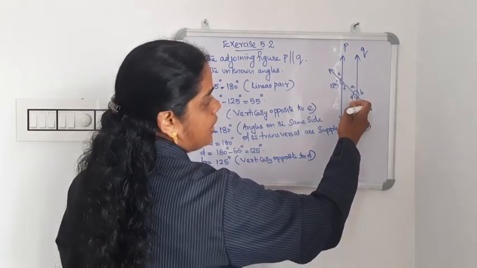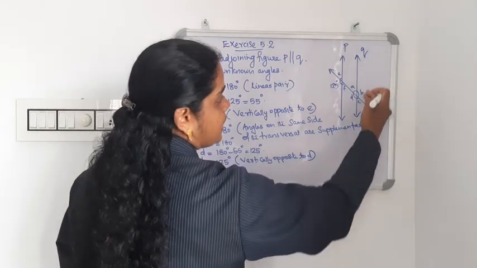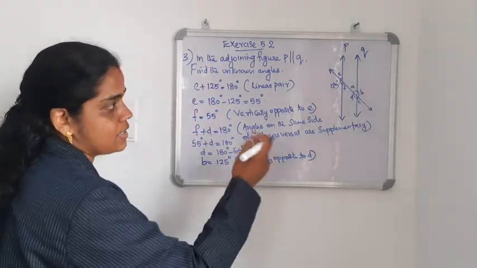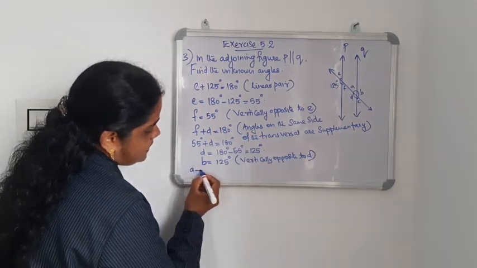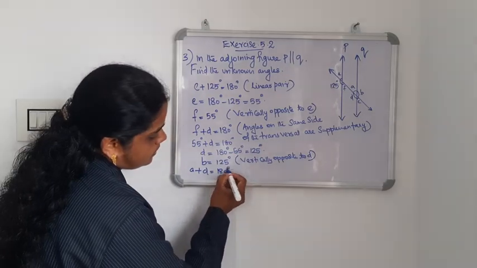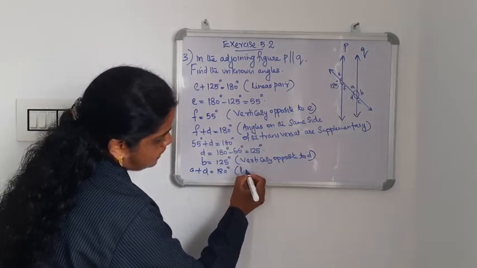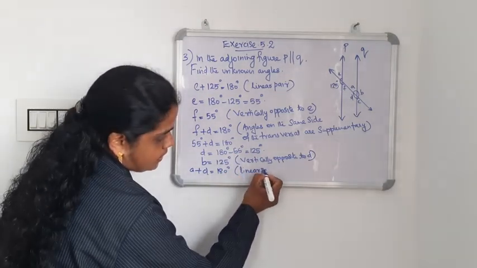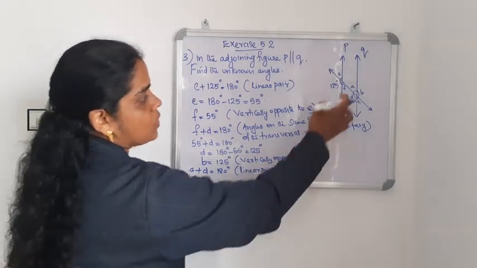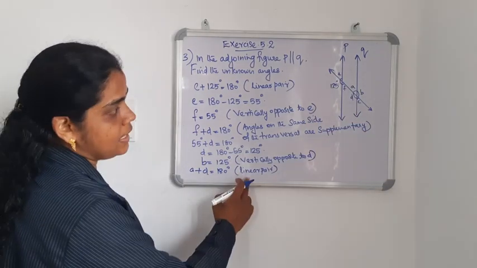Again, A and D make a linear pair. Otherwise, B and C make a linear pair. So its sum must be 180 degree. So we can write A plus D equal to 180 degree. What is the reason? It forms a linear pair. Okay, A plus D equal to 180 because there it forms a linear pair.